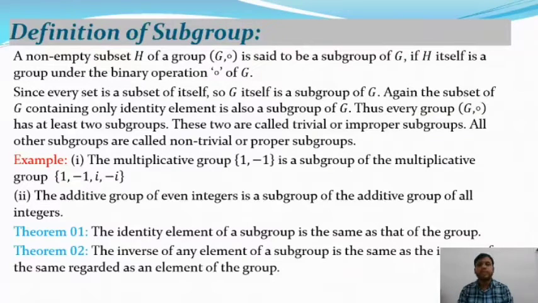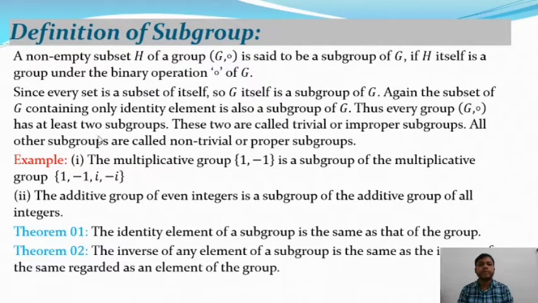Every element has an inverse and lies in H. So that's why H composition is a group. And H is a subset of G, so H composition is a subgroup of G composition. And since every set is a subset of itself, G is itself a subgroup of G. You know that G is a subset of G, so G composition is also a subgroup of G.